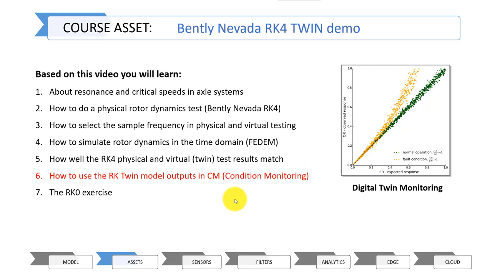However, some physical assets have a nonlinear behavior, and then you might need to update your finite element model or digital twin model. And there are different algorithms in machine learning and analytics that can assist you in updating the model. And then you will have a more accurate prediction from the digital twin model when the physical asset is approaching end of life or is having a nonlinear behavior.